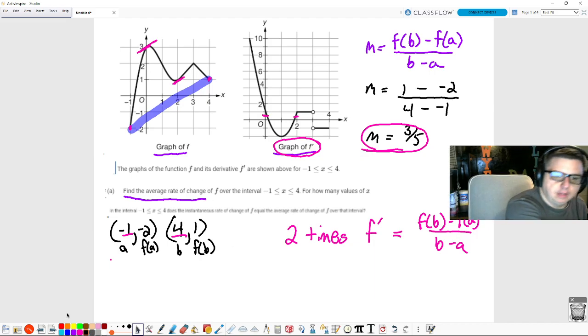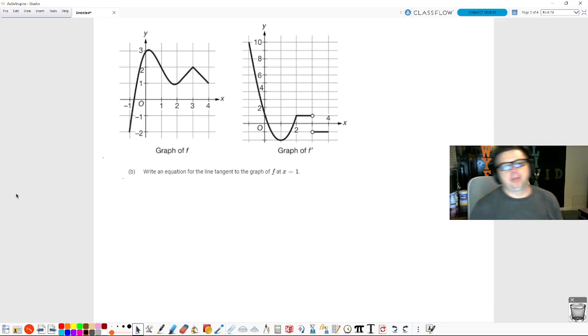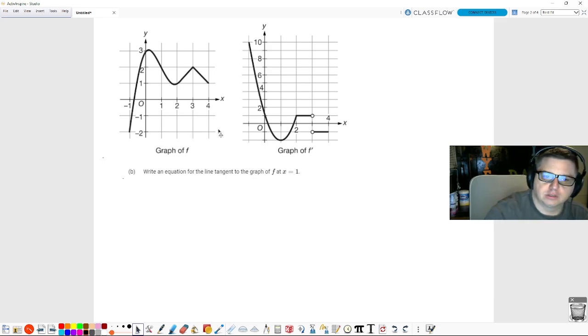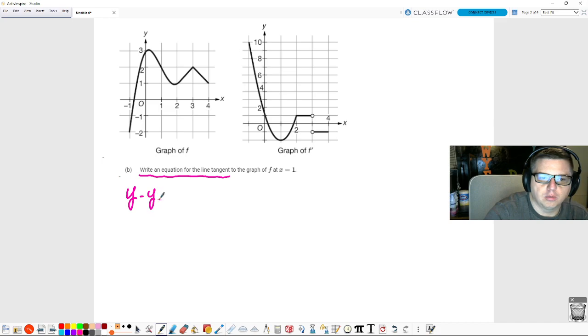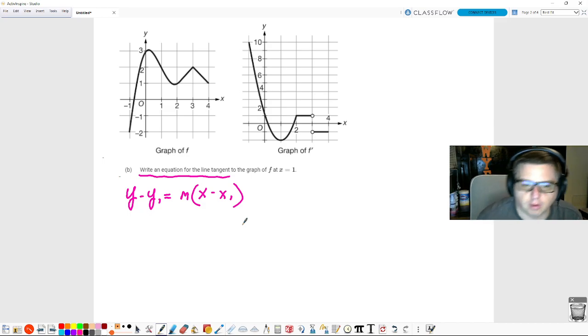All right, well, let's go on to the next one. So part B, write an equation for the line tangent to the graph. As soon as I see write an equation for the line tangent, I'm writing the point slope formula.